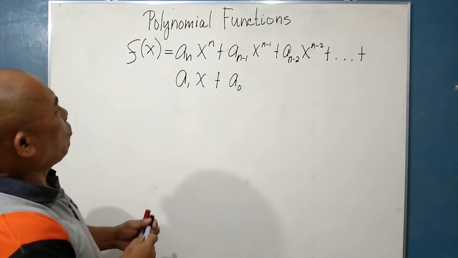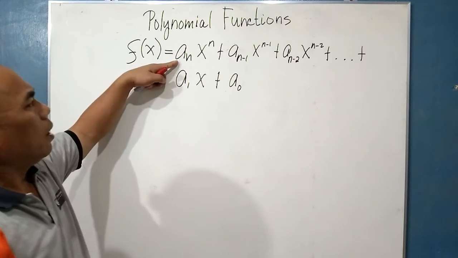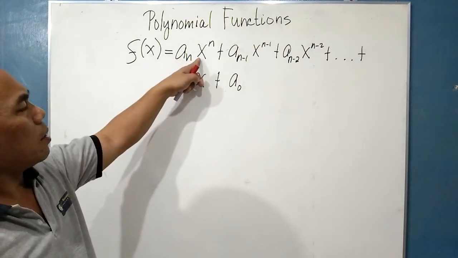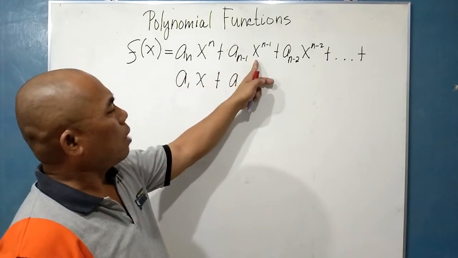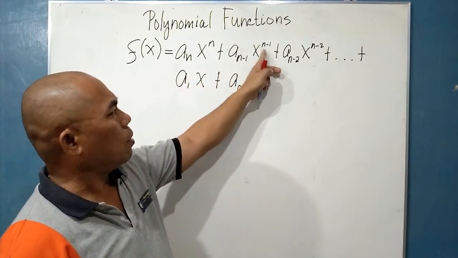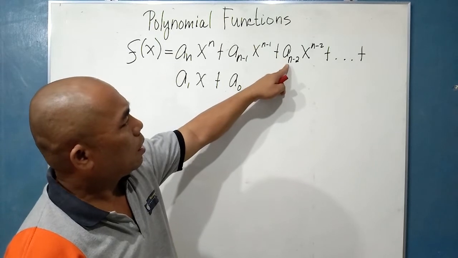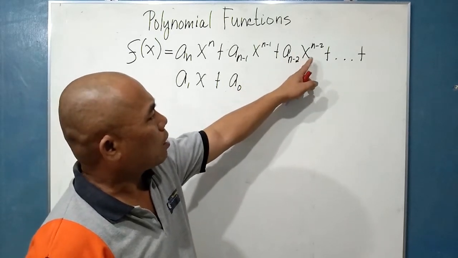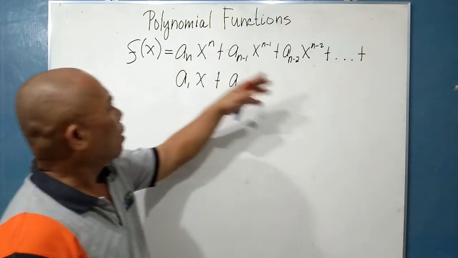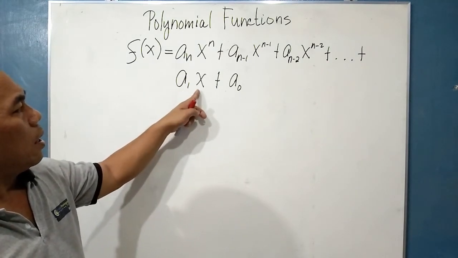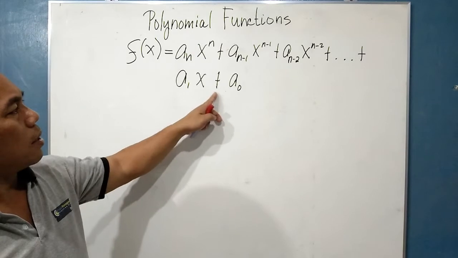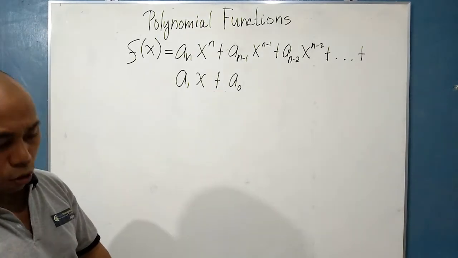Okay? So f of x equals a sub n times x raised to n plus a sub n minus 1 times x raised to n minus 1 plus a sub n minus 2 times x raised to n minus 2 plus dot dot dot plus a sub 1 times x plus a sub 0.